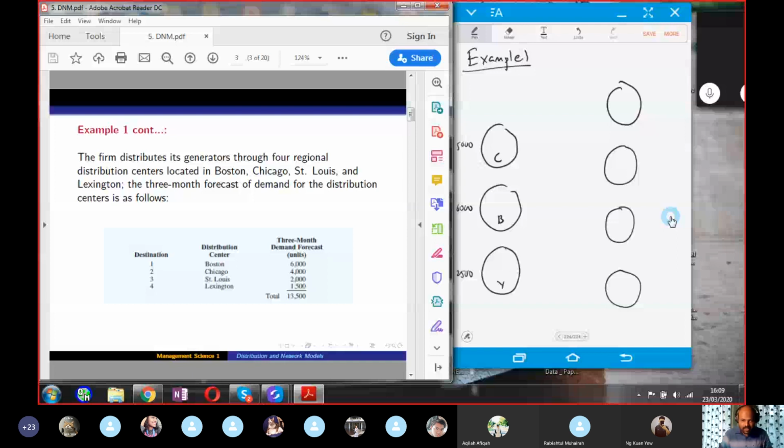So these are the customers, and these are the suppliers. Each customer has their own demand: 6,000, 4,000, 2,000, and 1,500.